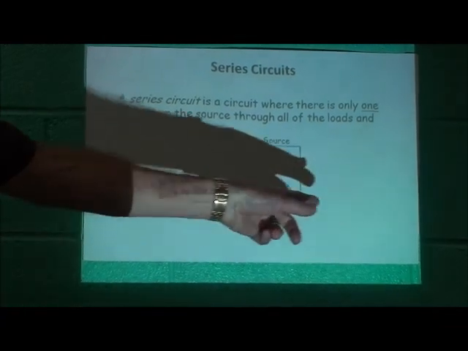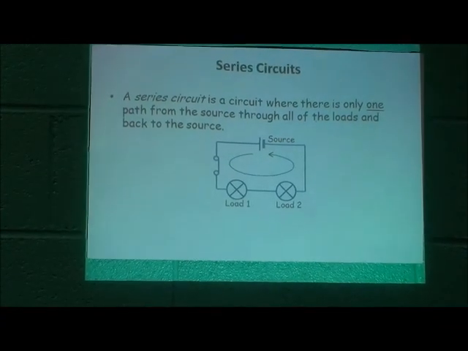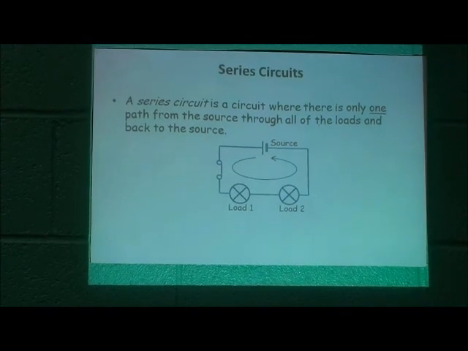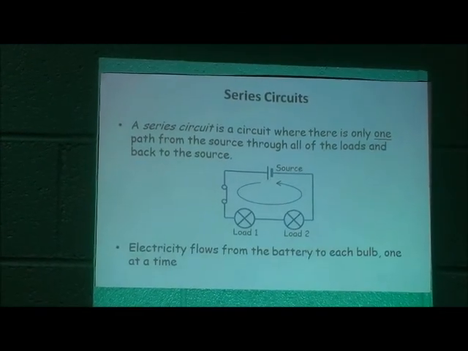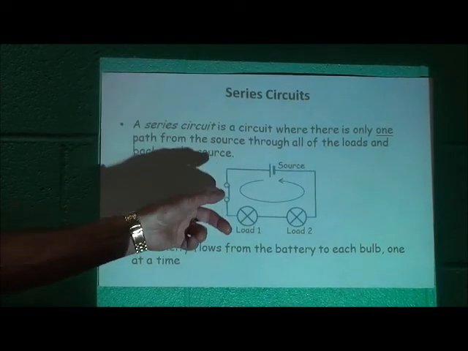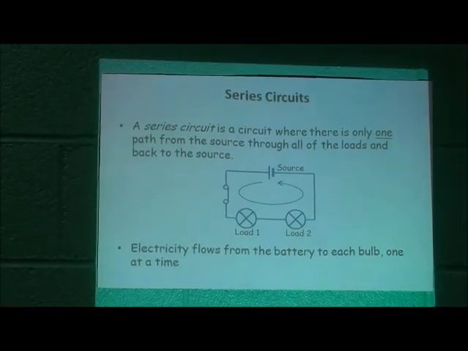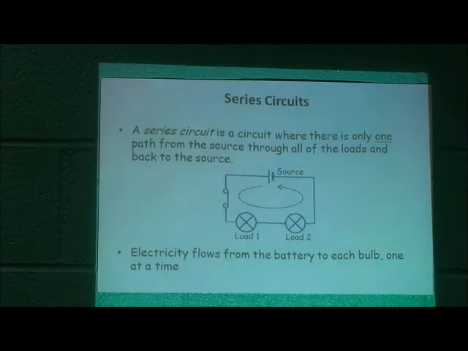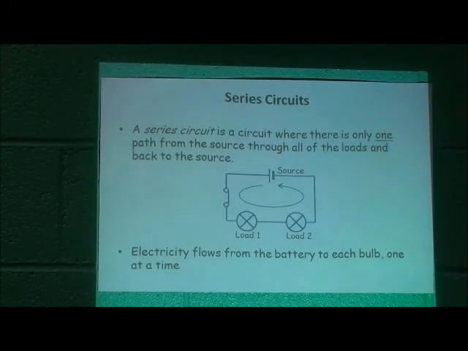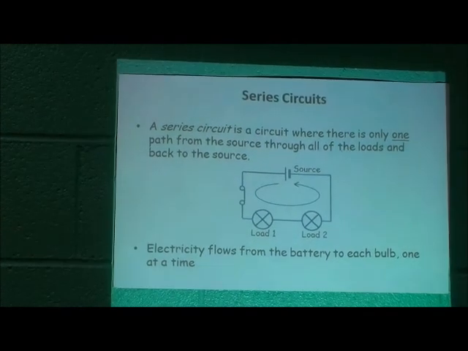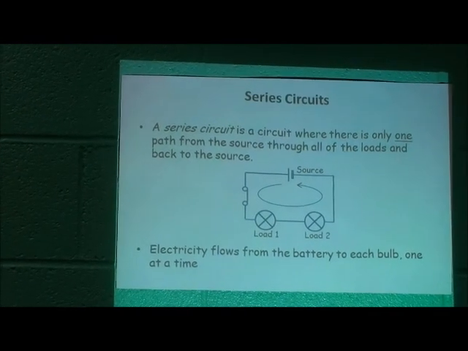We could have as many loads as required in a row, as long as they continue to form one single path. So electricity now flows from the battery to each bulb, one at a time, back to the source.